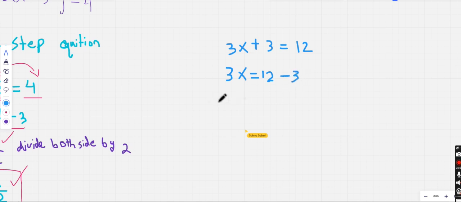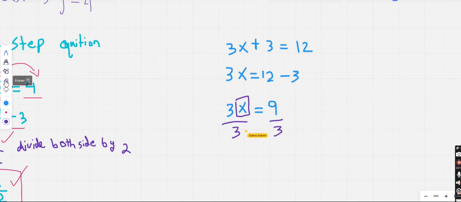Good. And here you see it clearly, 3x is equal to 12 minus 3, and 12 minus 3 we get 9. Good. Now dear, I need only the value of x, but here we have 3x, so that's why we divide both sides by 3.